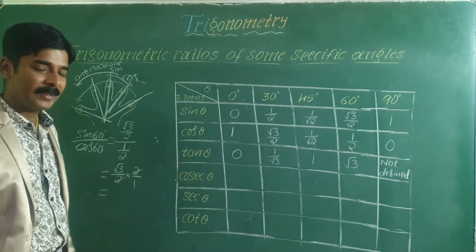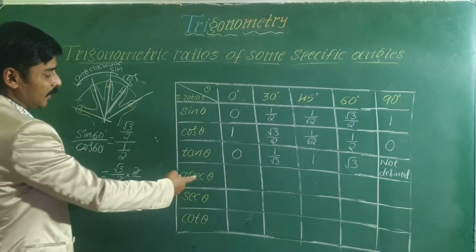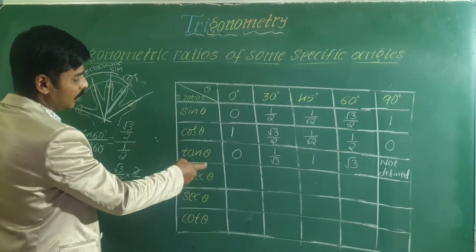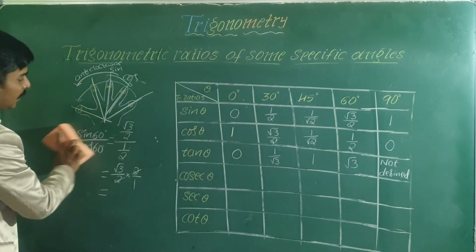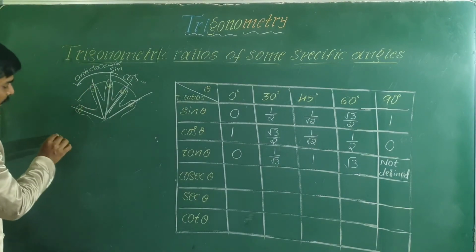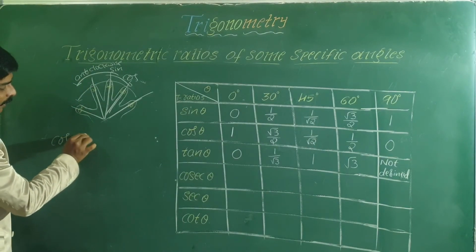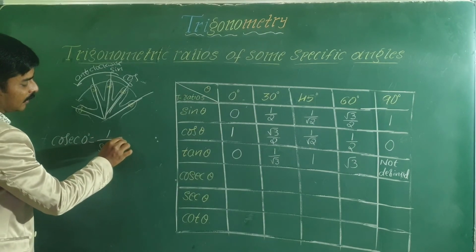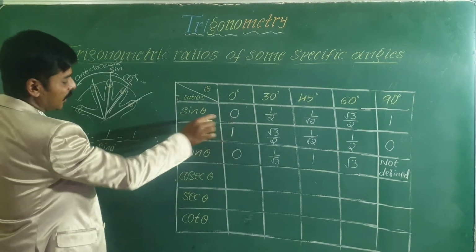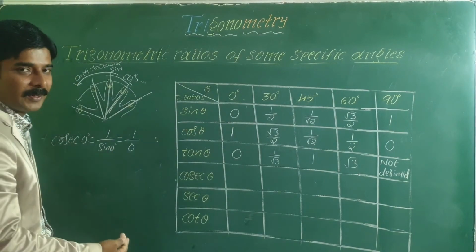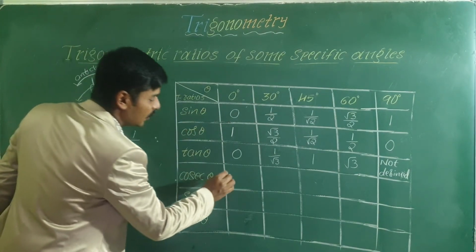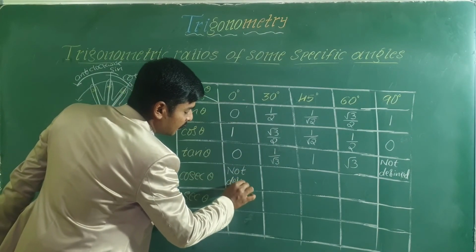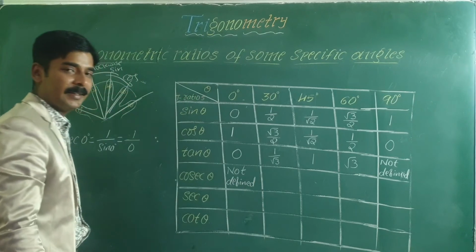The same way cosecant theta. Cosecant, you know, it is the reciprocal of sine. So cosecant 0 degree is 1 by sin 0 degree. 1 by sin 0 degree is 1 divided by 0, and anything divided by 0 is not defined.